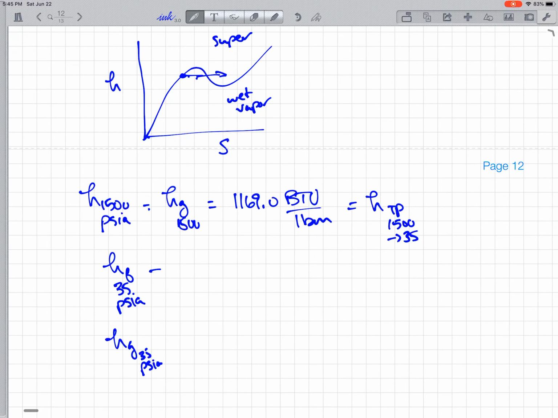That's close enough. And from that table, I can tell you that the fluid enthalpy of saturated fluid is 228.79 BTUs per pound mass, and the saturated vapor enthalpy is 1167.4 BTUs per pound mass.